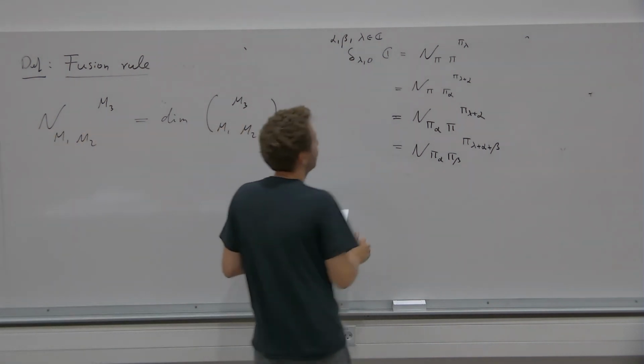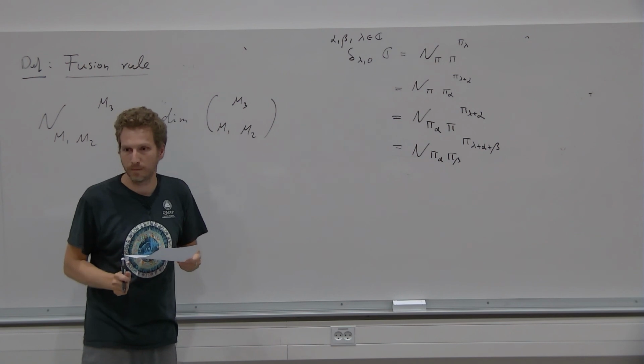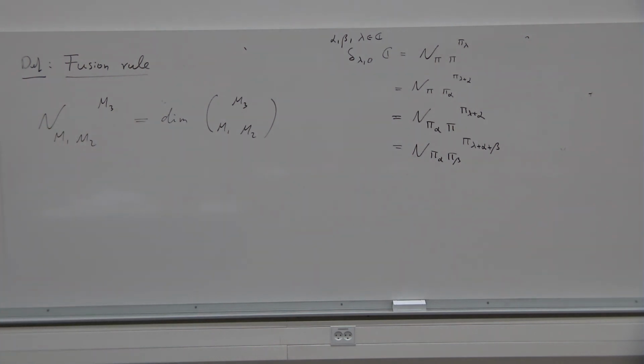Excuse me. Yes? I really don't understand how you define the dimension of type n1 and n2? Dimension is of a vector space. What? You mean, here you don't denote the linear map, you denote the VOA, right? Here you mean the dimension of the VOA, right? Where? That is, you define the fusion rule.